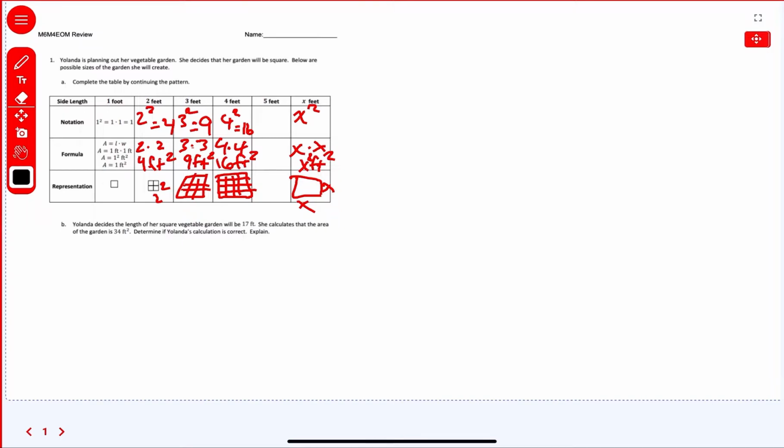All right. B, Yolanda decided the length of her square garden will be 17 feet. She calculated that the area of the garden is 34 feet squared. Determine if Yolanda's calculation is correct. What did we say? No, she did 17 times 2.